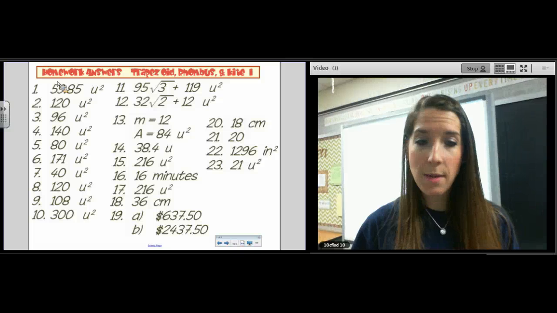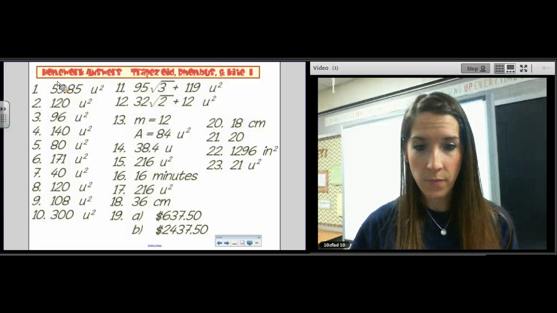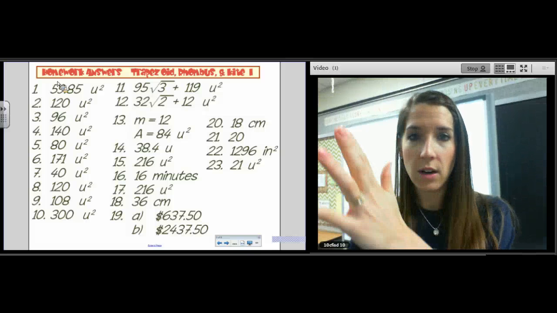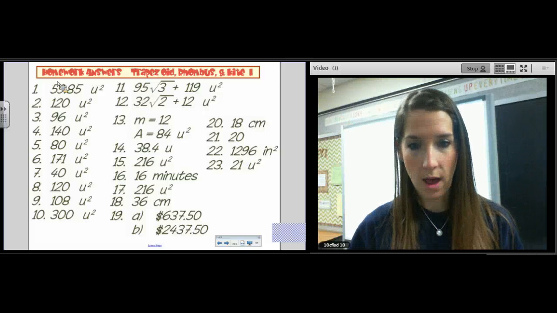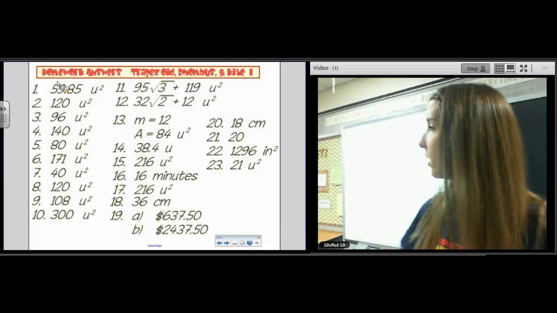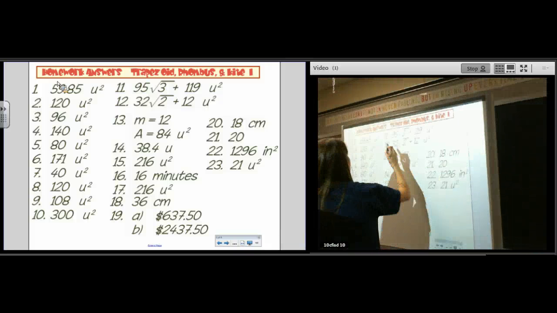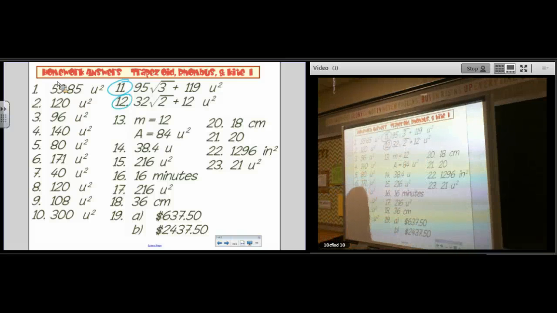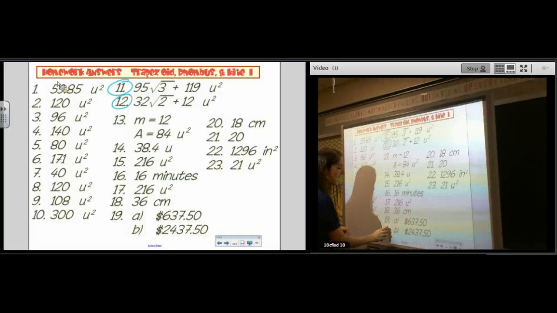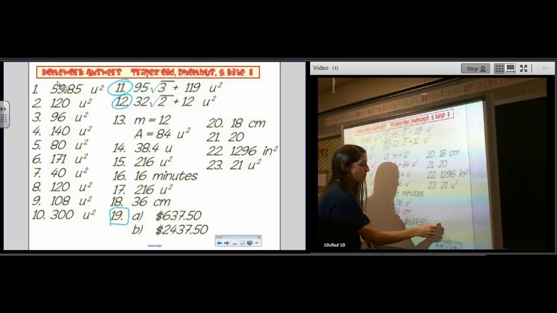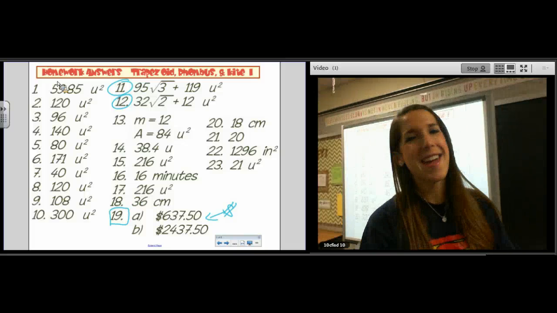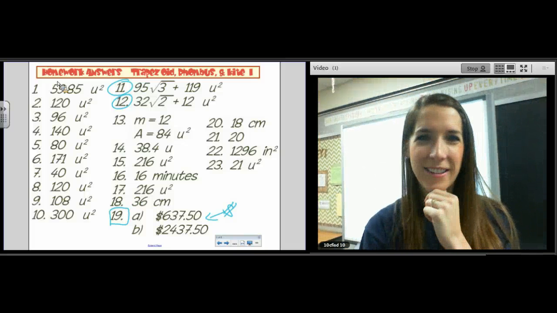The only time you put your answers in decimal form is when the problem specifically says round to the nearest blank. Okay, no more. Look at number 11, look at number 12. We didn't put it in decimal form, we kept it exact. Now look at number 19. That one dealt with money. In the real world, we're not going to say, hey, you owe me square root of $3.